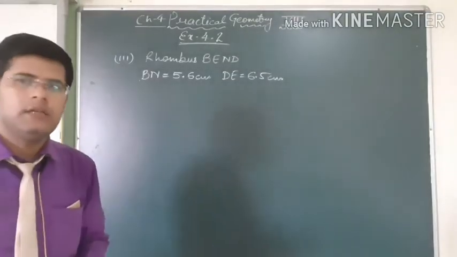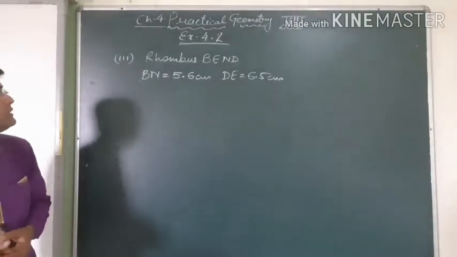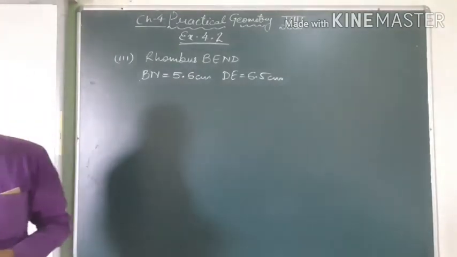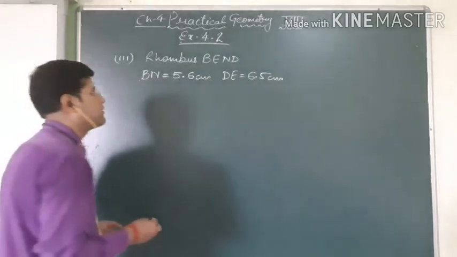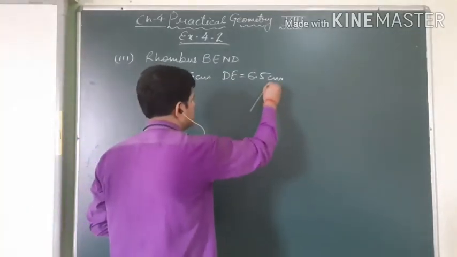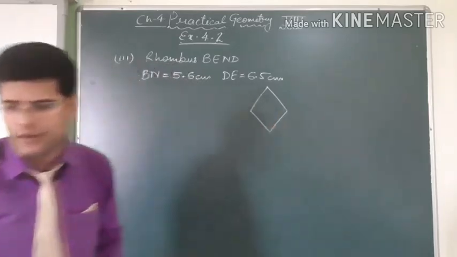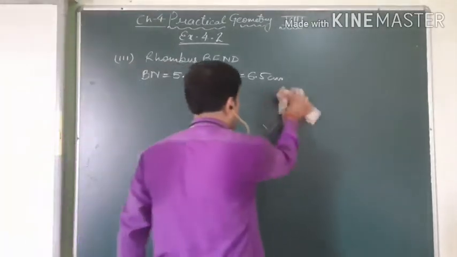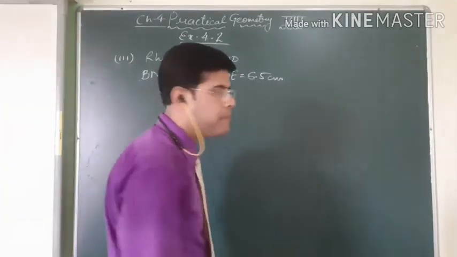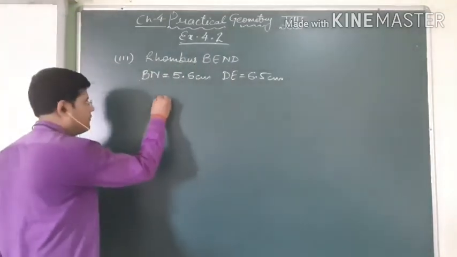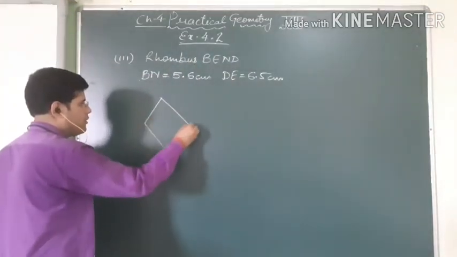Now students, in sum number 3, a rhombus is given, and firstly we have to make a rough figure. This one is the rough figure, not a problem.